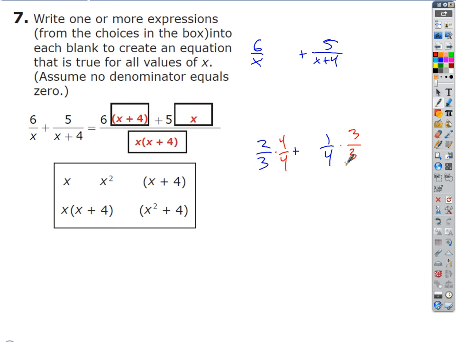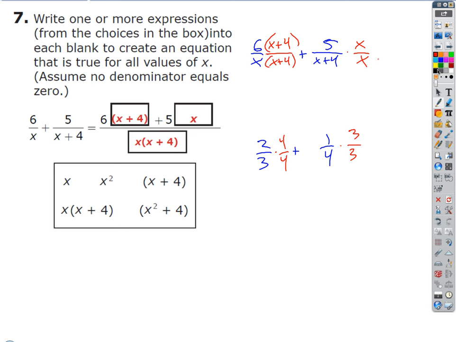My common denominator is just going to be x times x plus 4. So we'll multiply the first one by the quantity x plus 4 over the quantity x plus 4, and we'll multiply the second one by x over x. See what I'm saying?